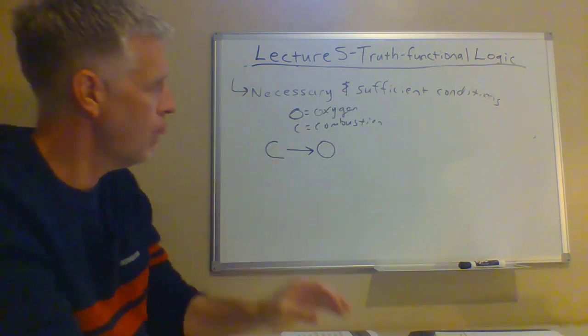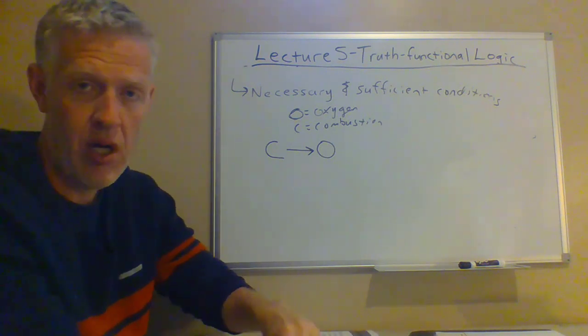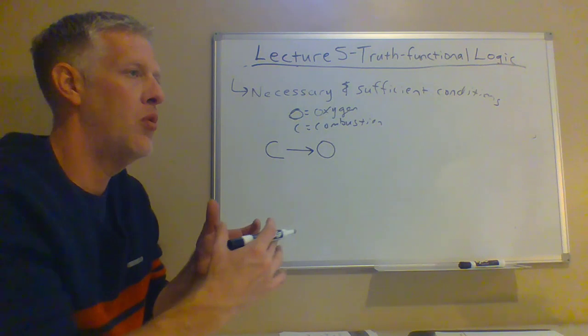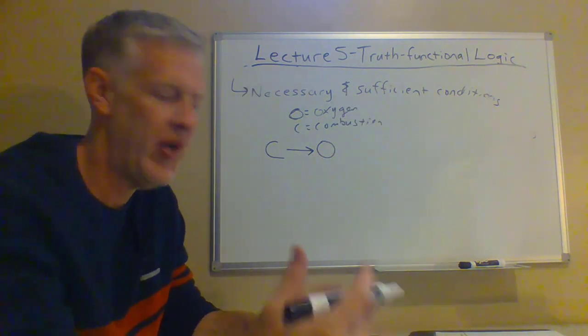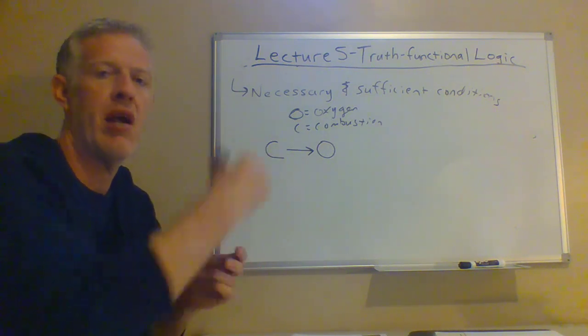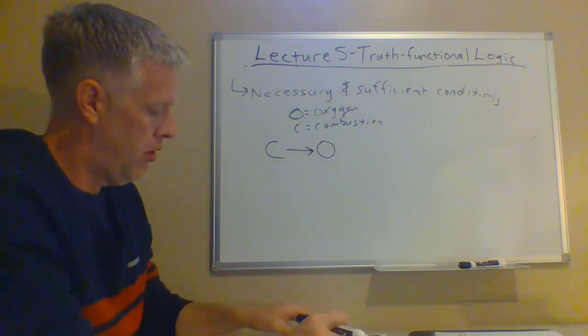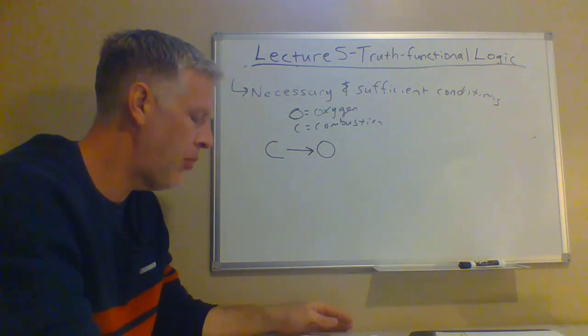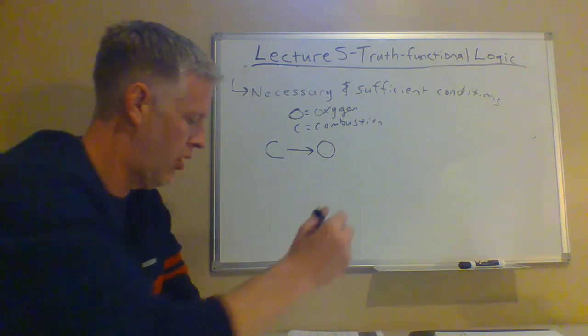Sufficient condition, on the other hand, so this gets into slide 12, is something that will guarantee something else takes place, or something else will occur. So it's something that, should it be satisfied, will then guarantee something else will occur. Okay. So their example on 314: being born in the United States is a sufficient condition for U.S. citizenship.